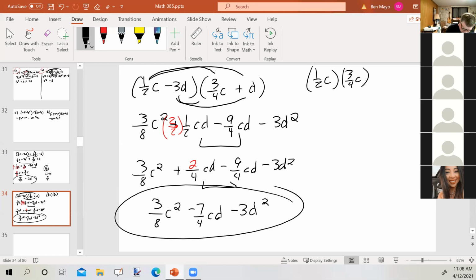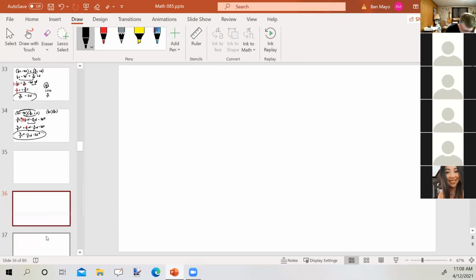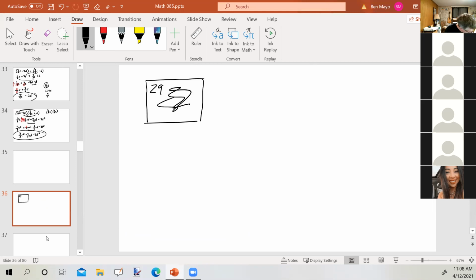You're welcome. All right. This next one, we've got a postage stamp. And the dimensions, here it says 29. Boy, this is an old stamp. And then there's a picture and a bunch of stuff there. Anyway, its length is 3x minus 1 centimeters.